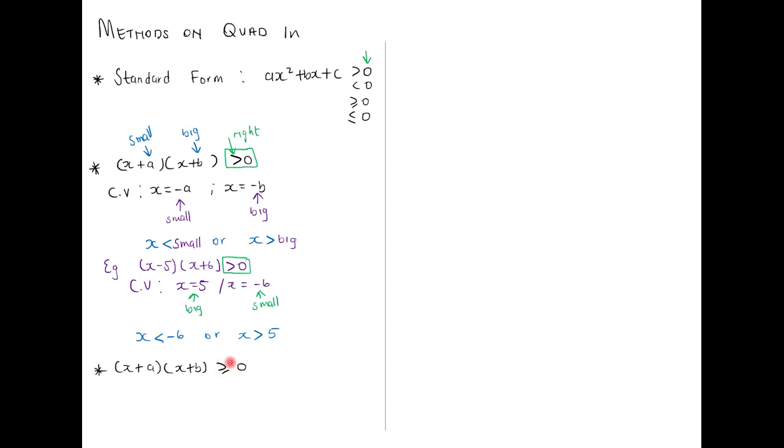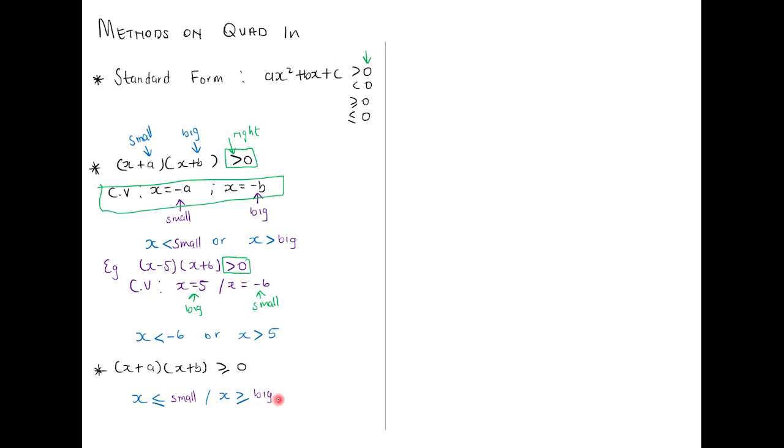The difference is that with the same critical values, your answers will still point at the left and the other one will point at the right, but because it says equal to, you need to also include that. So it's x is less or equal to the smallest critical value, or x is greater or equal to the biggest critical value.